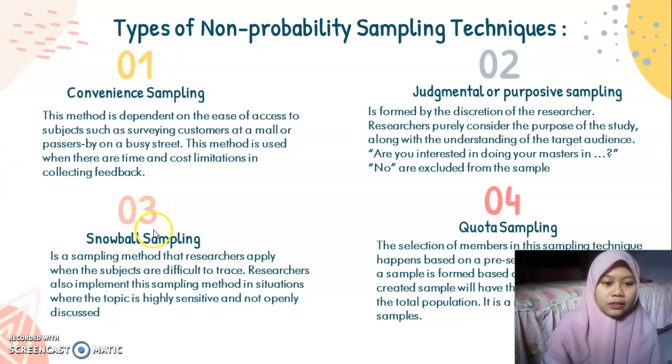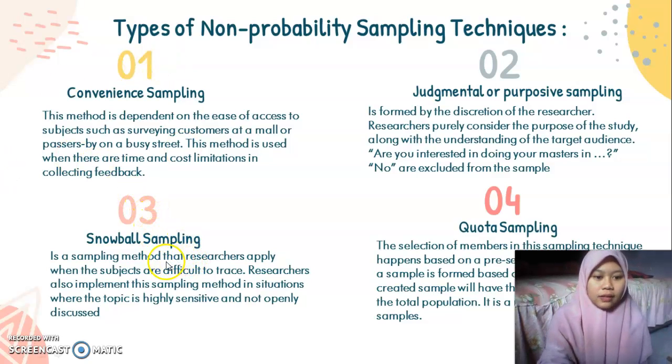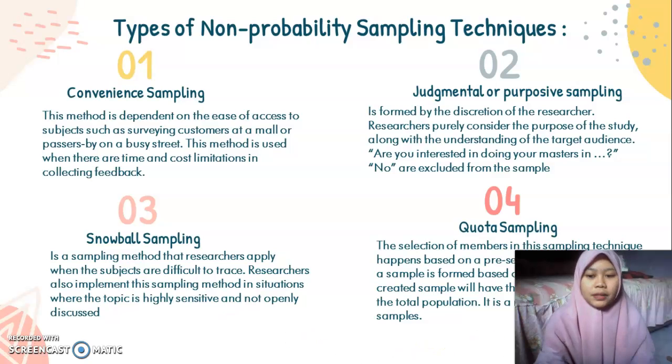And third is snowball sampling. It's a sampling method that researchers apply when the subjects are difficult to trace. Researchers also implement the sampling method in situations where the topic is highly sensitive and not openly discussed.